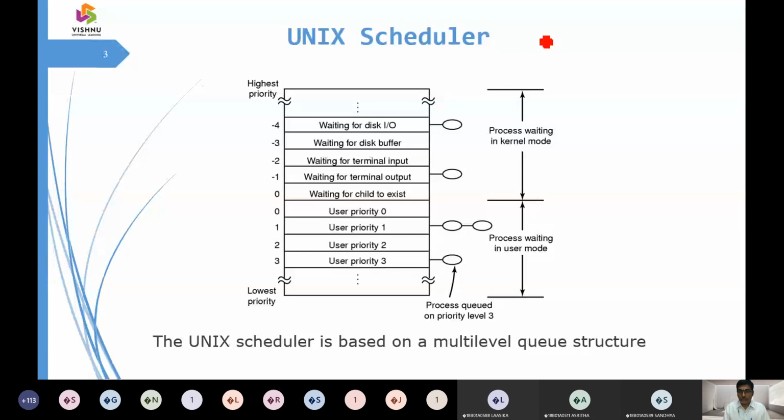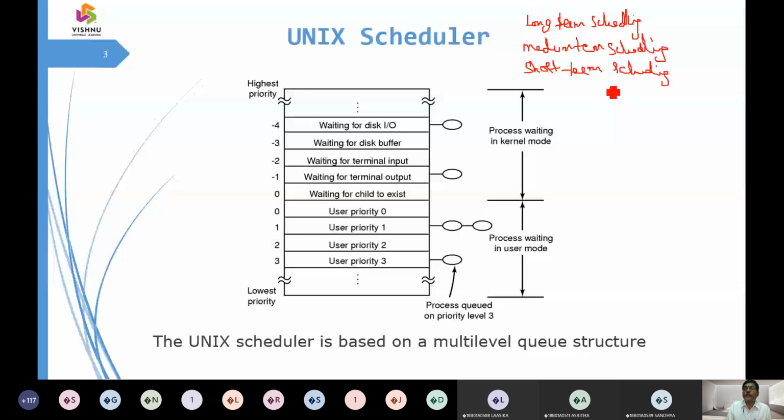In Unix schedulers, the core operating system functionalities, that is, the first one was long-term scheduling. The next one was medium-term scheduling. The third thing was short-term scheduling.